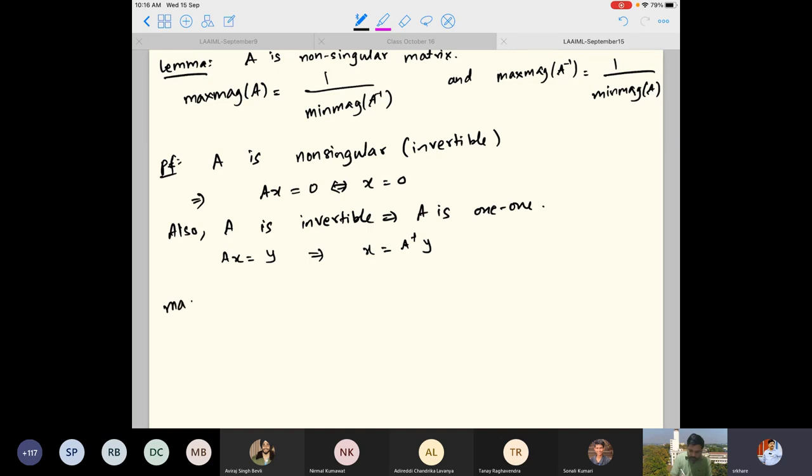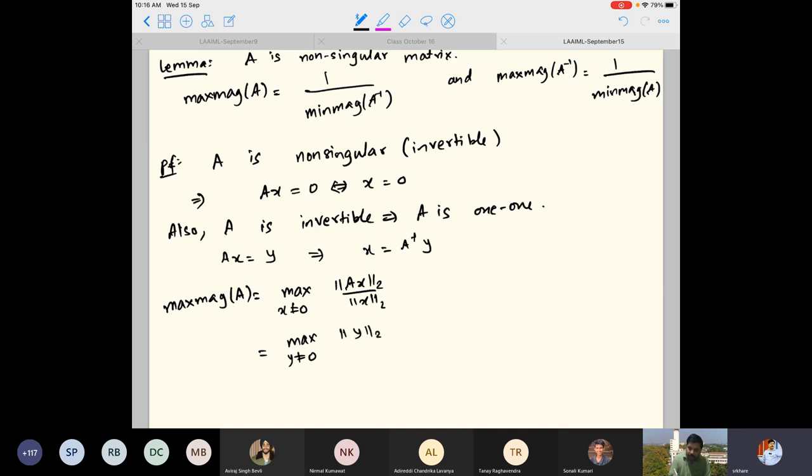Okay. So what is the maximum magnification of A by definition? Maximum magnification of A by definition is the maximum over x not equal to 0 of norm of Ax by norm of x, right? So that is the definition of maximum magnification of A. So what I will do is I will write down the maximum over y not equal to 0.